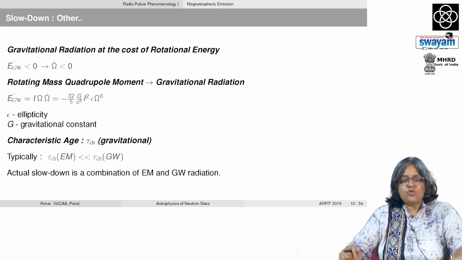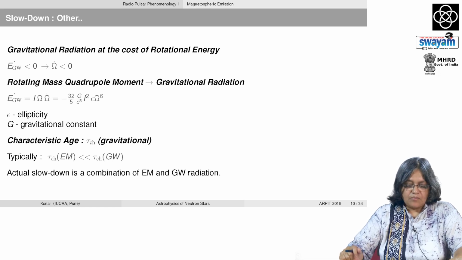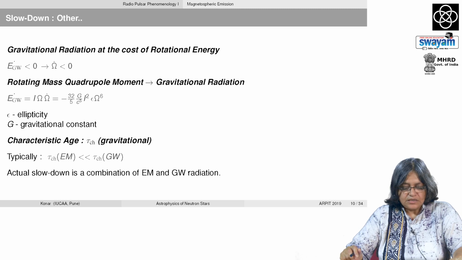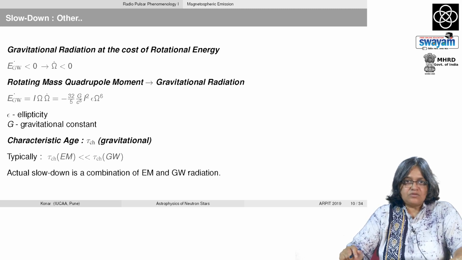Now, the slowdown could be because of other processes as well. For example, there could be gravitational radiation too at the cost of rotational energy. The same physics follows. E dot gravitational wave less than 0, which implies omega dot less than 0.